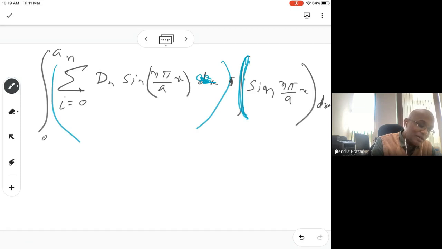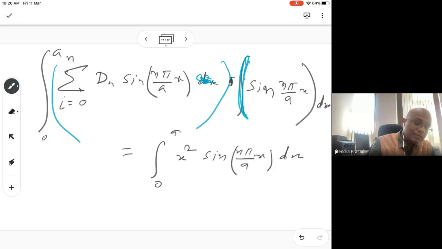So what we did, the original function multiplied by sine n pi over a x will be equal to the integral from 0 to a of x square sine n pi x dx, right?